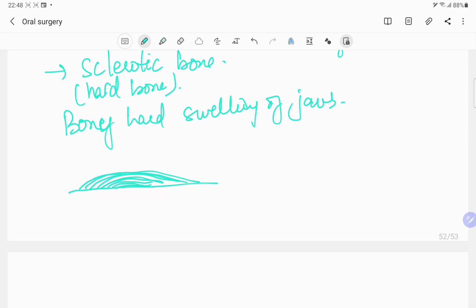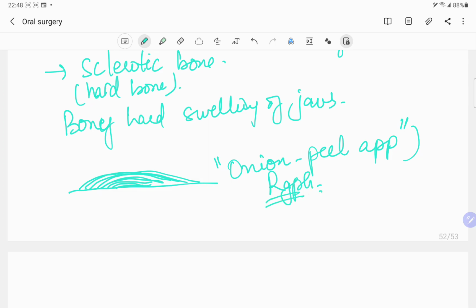The appearance of the cortical bone is like a peeled onion. That is the reason we call it onion peel appearance in a radiograph in case of Garre's osteomyelitis. So you will find these radiopaque and radiolucent lines.